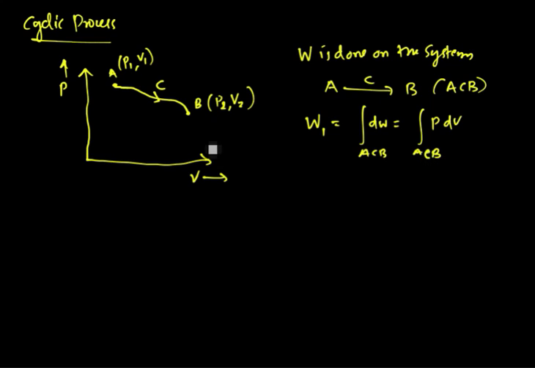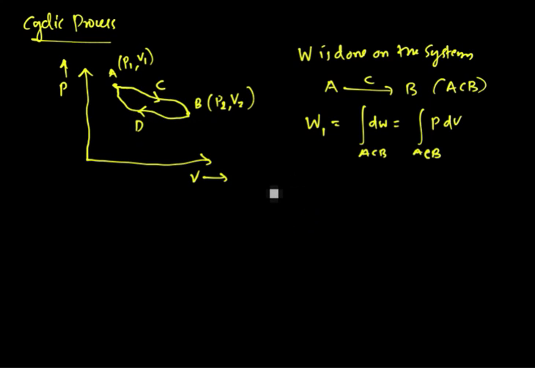Now, suppose the system undergoes another series of stages of thermodynamic equilibrium and returns back to the initial state A through some other path represented by BDA.